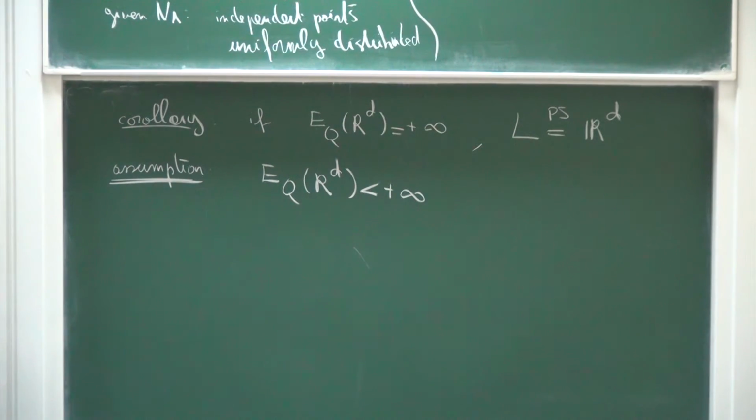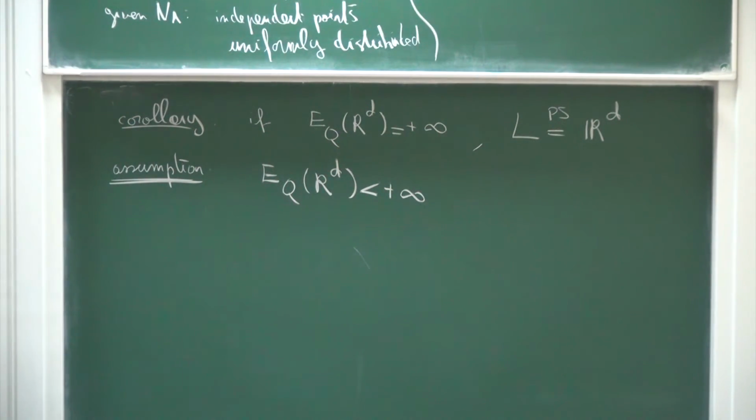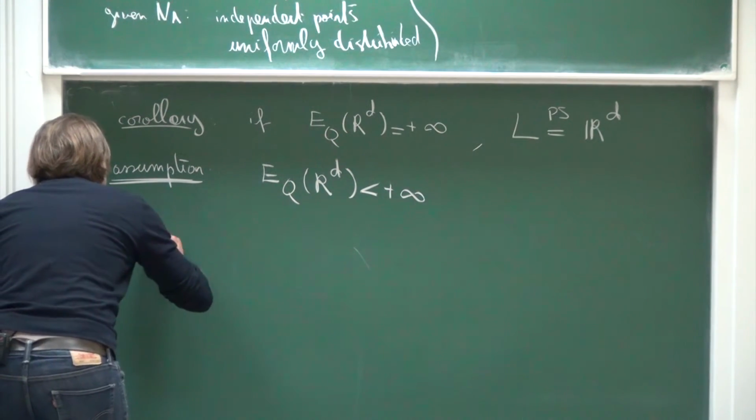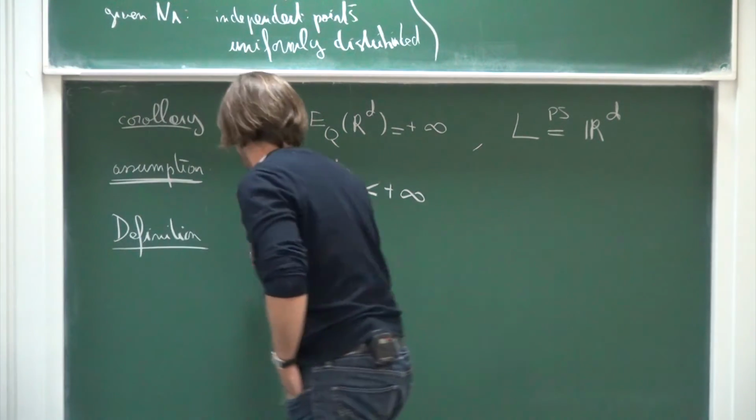Okay, so we are in this regime now, and the model is complicated like that, with connected components, holes, and so on. And so we are interested in the percolation. I prefer to write a precise definition.